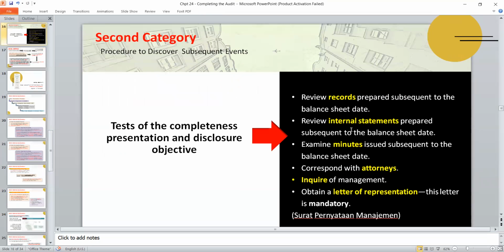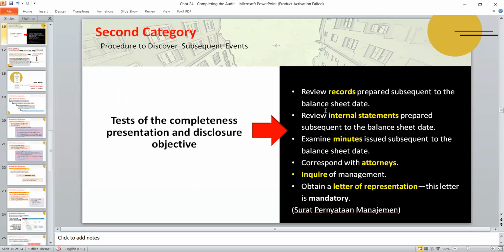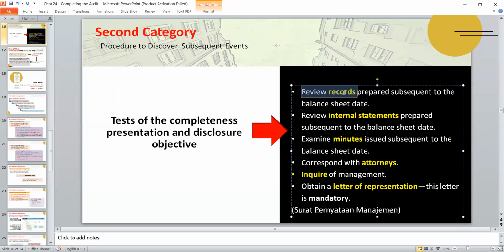So what kind of tests are in the second category? You review the records after the balance sheet date. You review the GL after the balance sheet date: January, February, March.